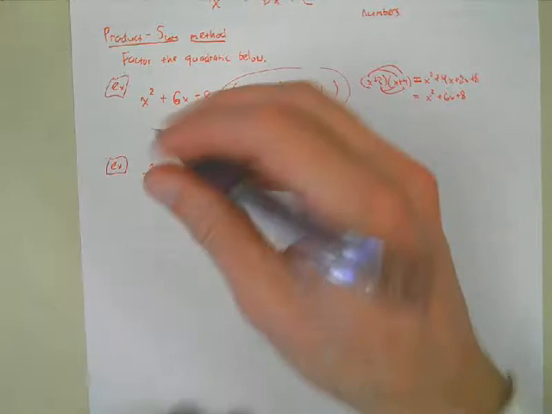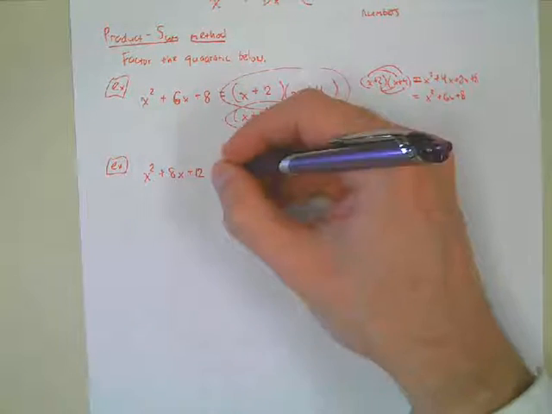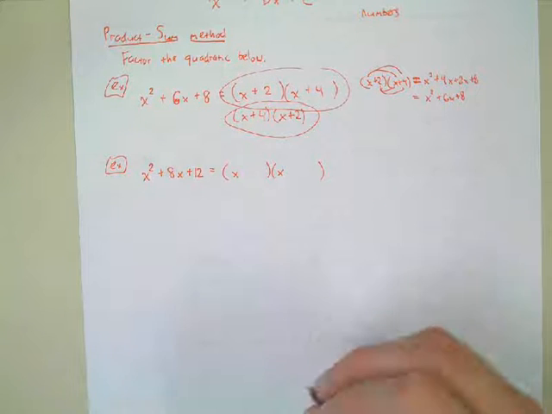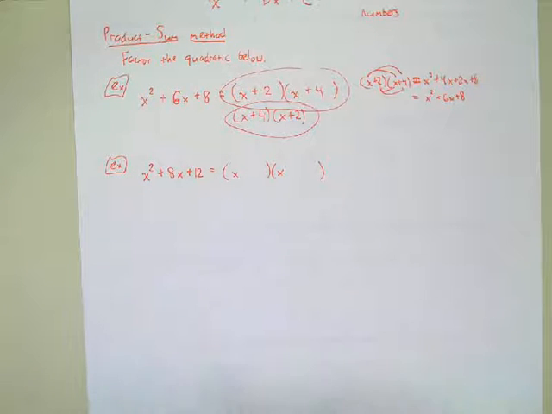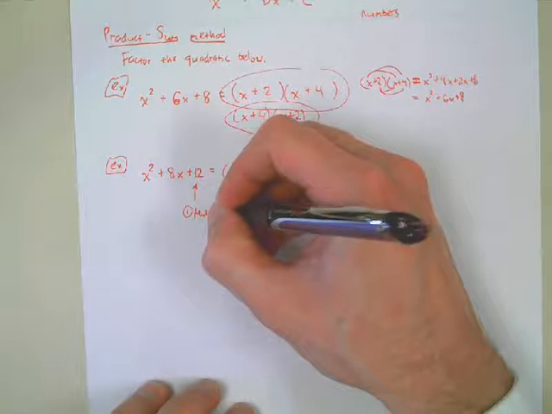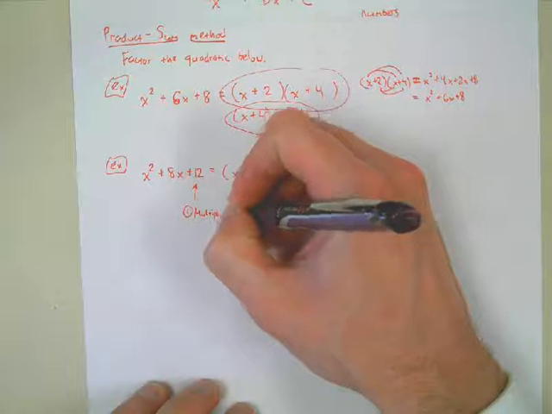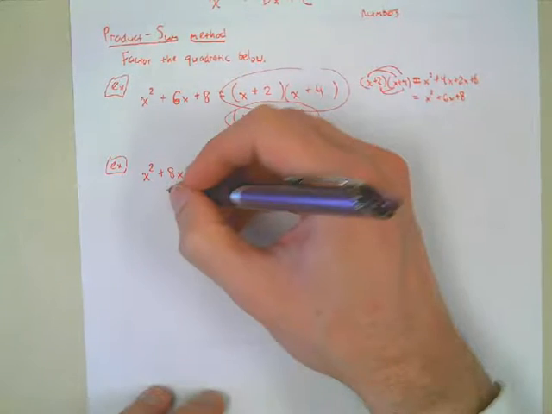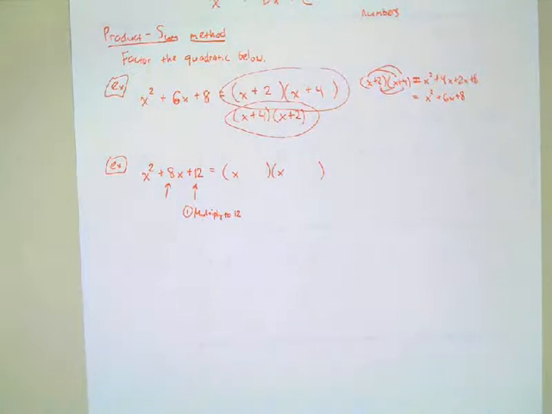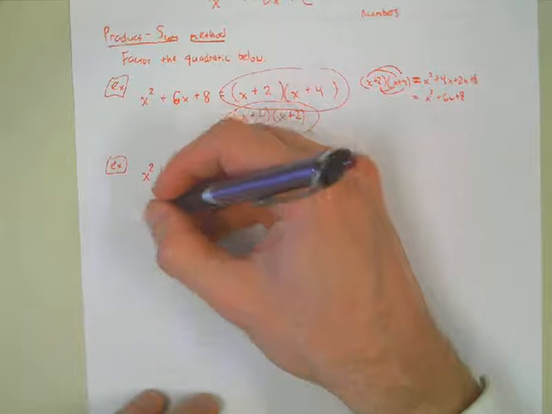So again, we want to find two numbers, right? So we're going to put an x there and an x there. We want to find two numbers that multiply to make what? 12. So first step, multiply to 12. And then add to make 8.